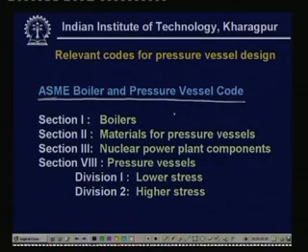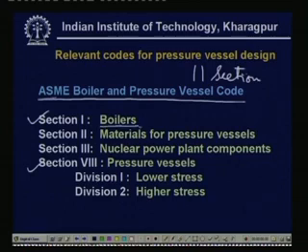This boiler and pressure vessel code is divided into 11 sections, but out of it mostly section 1 and section 8 are of importance to the designer. Section 1 deals with the boilers, section 2 materials for pressure vessels, section 3 nuclear power plant components.